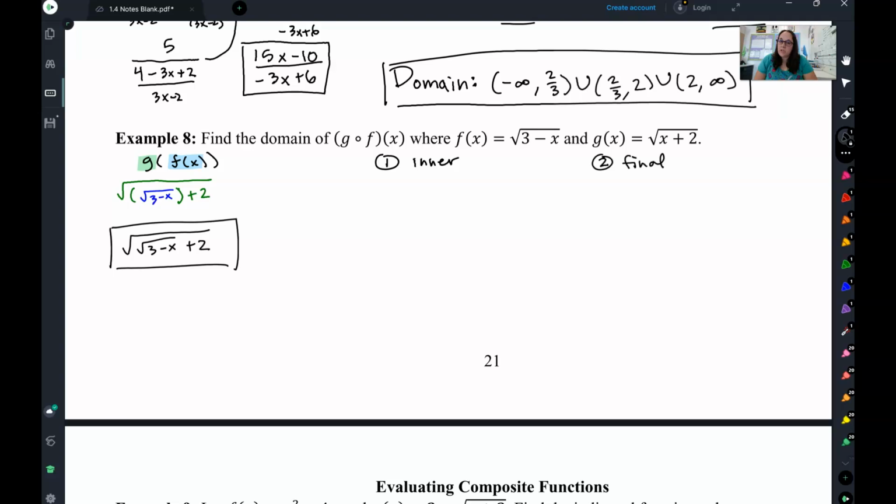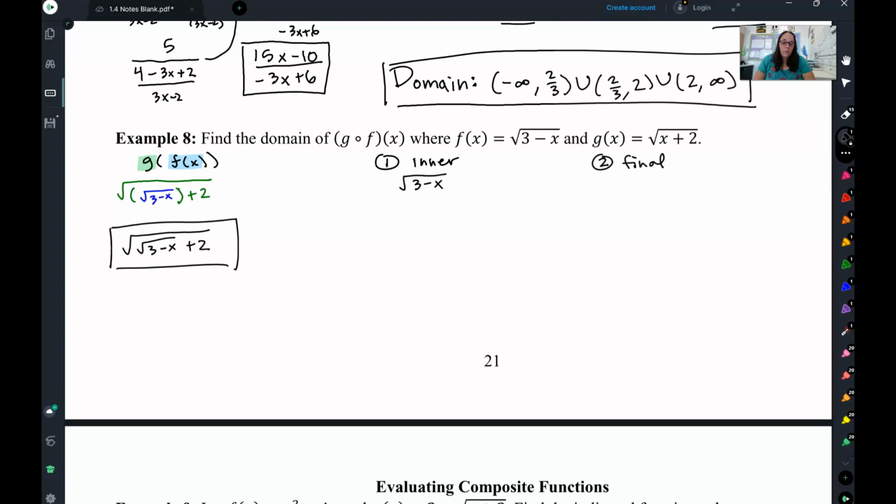If you got a square root inside of a square root, you did it right. It looks really weird, but there's our g of f of x. So now let's start our domain. Look at the inner function first. My inner function is f of x. So that's square root of 3 minus x. Let's find the domain of that one.